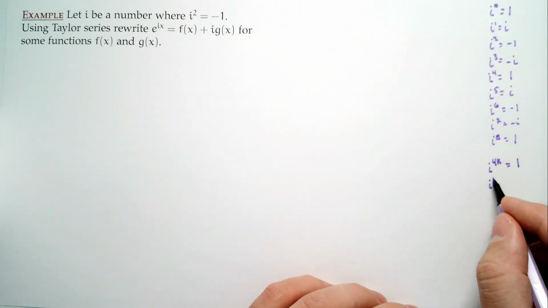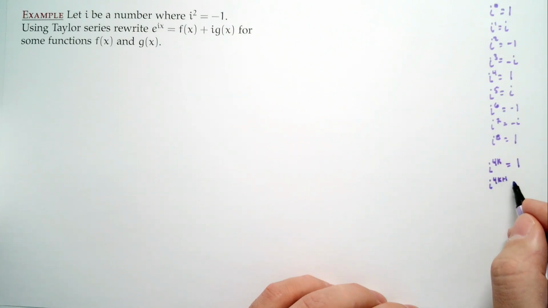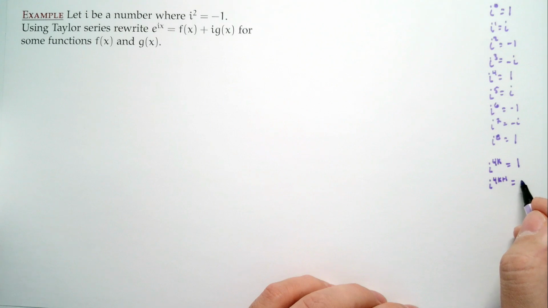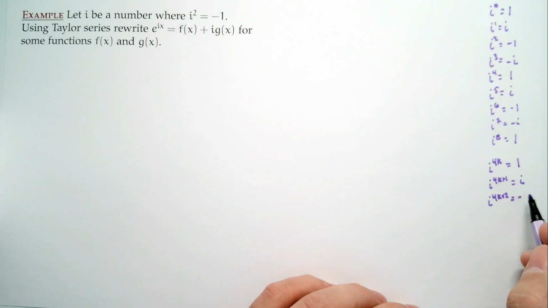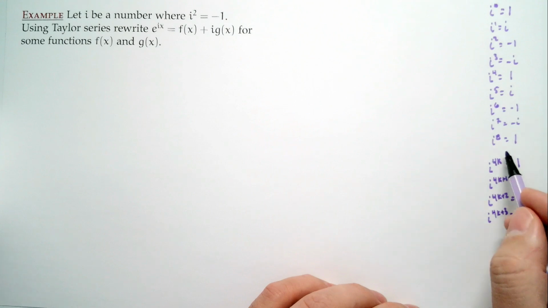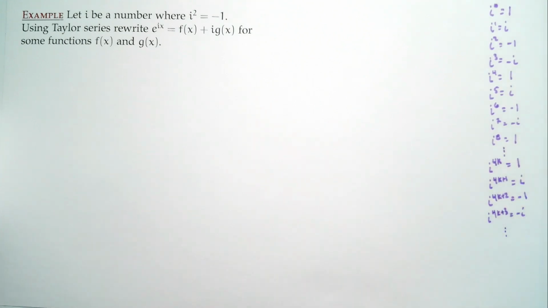A multiple of 4 plus 1 will be i. A multiple of 4 plus 2 will be -1. And a multiple of 4 plus 3 will be -i. Okay, so that's our pattern.